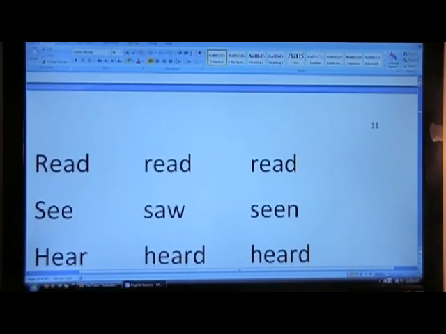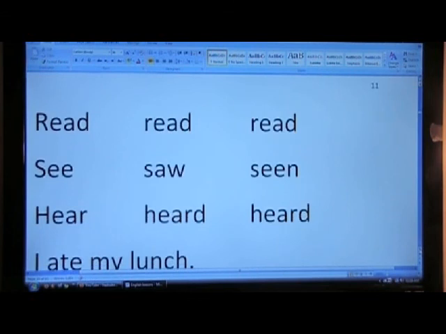Let's look at more examples of irregular verbs. Read, read, read. Notice that the past form of read is spelled the same way. See, saw, seen. Hear, heard, heard.